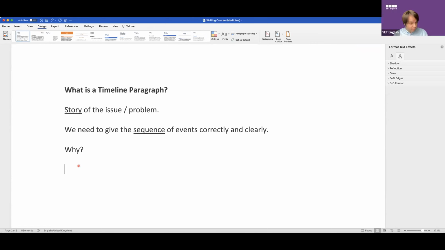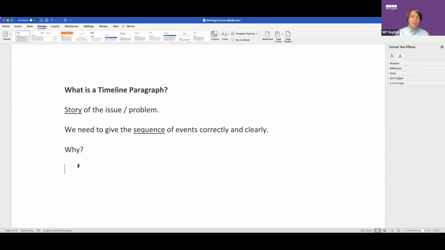Complicated is bad in a medical letter, because if something's really complicated, the reader will not understand clearly. So I think this is a good point by OET. That's why they give you so many dates and many things that happened, and you must put them into an order.